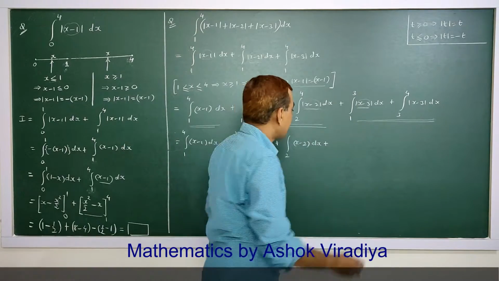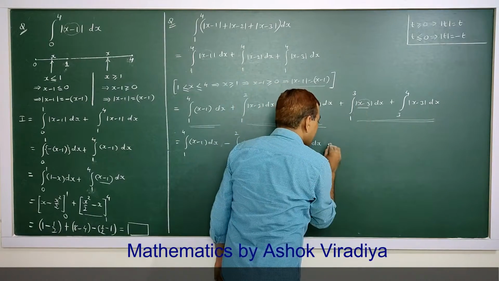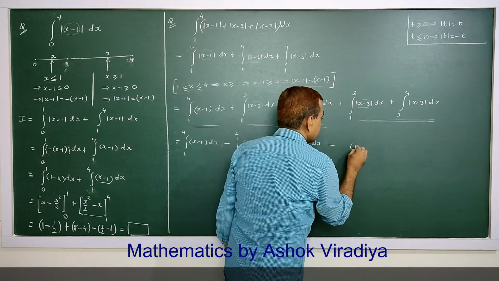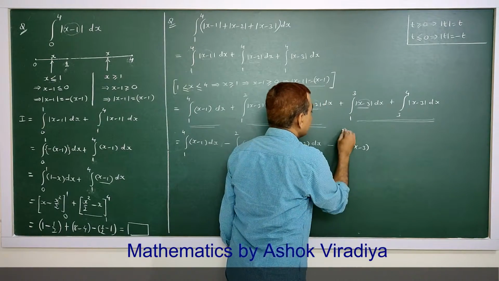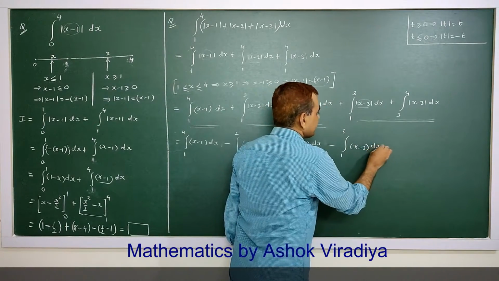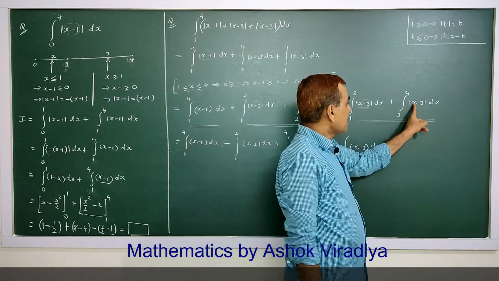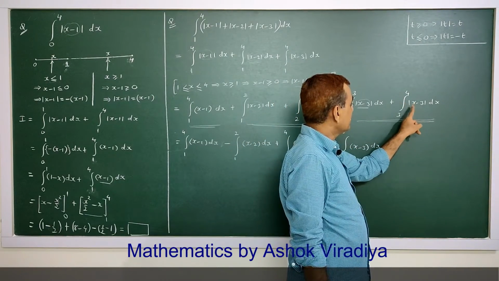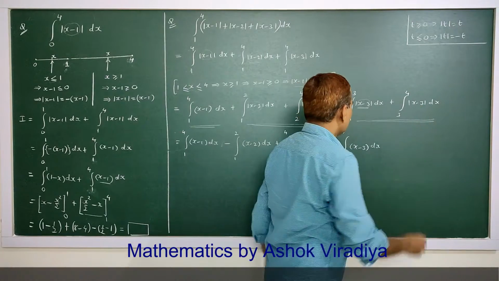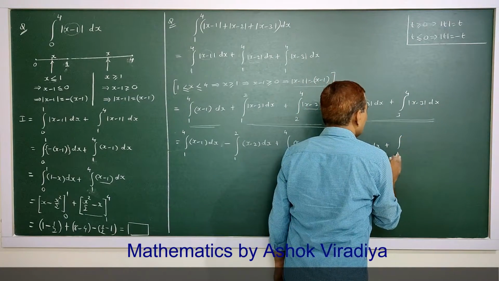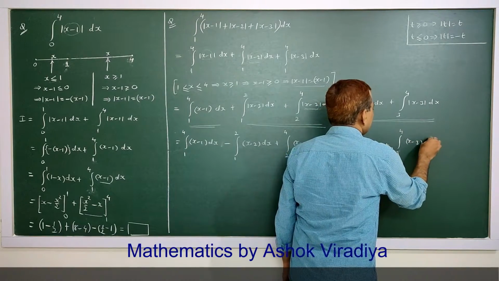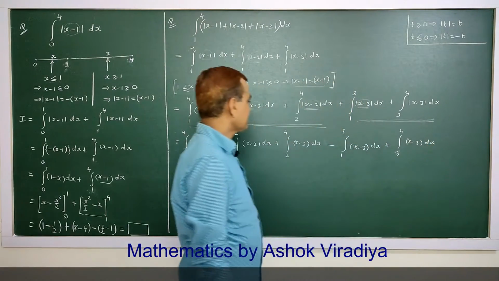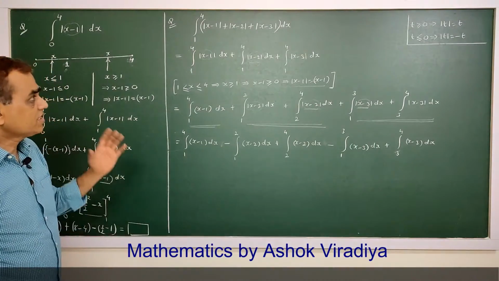So mod x minus 3 is minus of x minus 3, limits 1 to 3, dx. Here x is more than 3. So this is positive. So plus integral 3 to 4 x minus 3 dx. So modulus is removed.